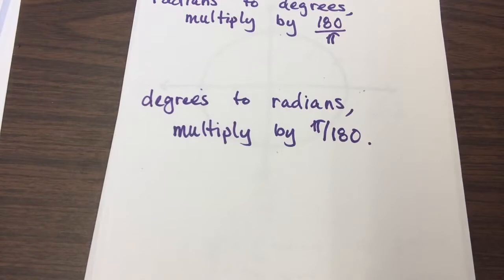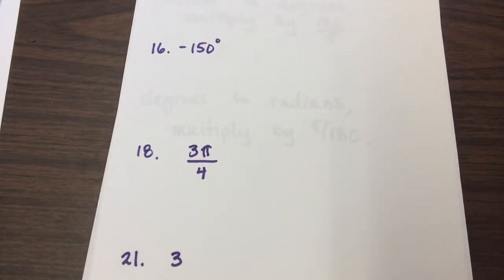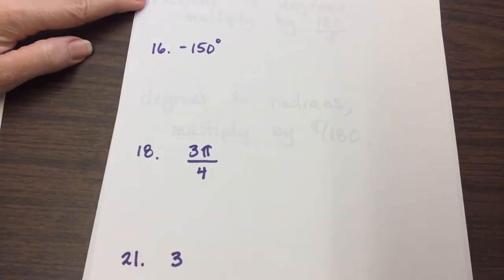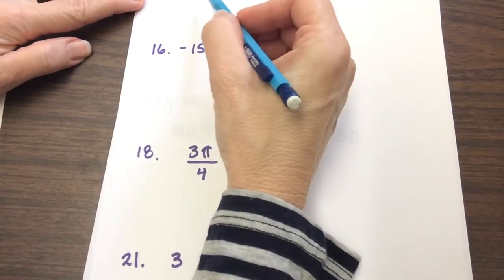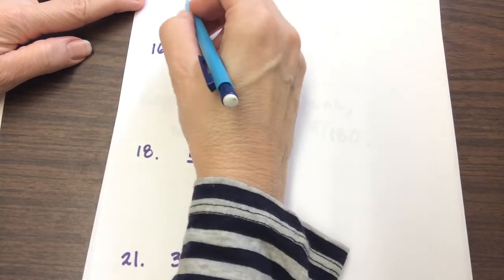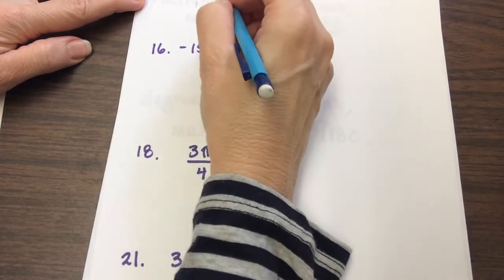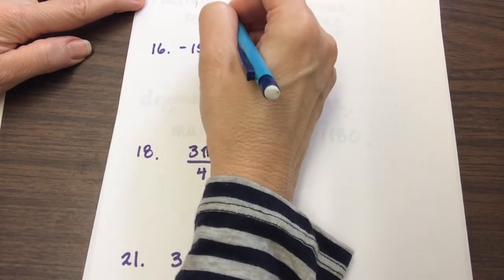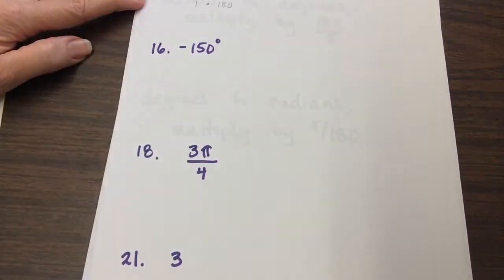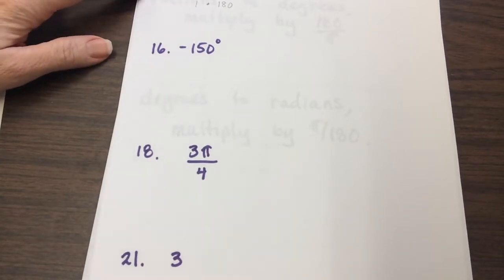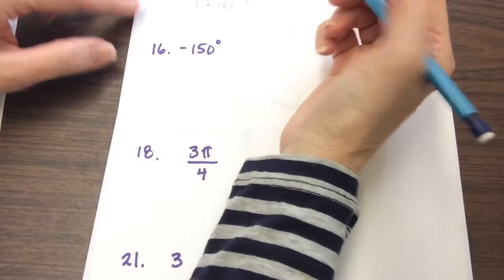Let's do some examples. So these examples are from 6.1, and I've actually numbered them so you can look back in your text to see, but I'm converting 36 degrees to radians, which means if I'm going from degrees to radians, I multiply by pi over 180. Pi over 180 is how I go from degrees to radians. Now I just simplify this.